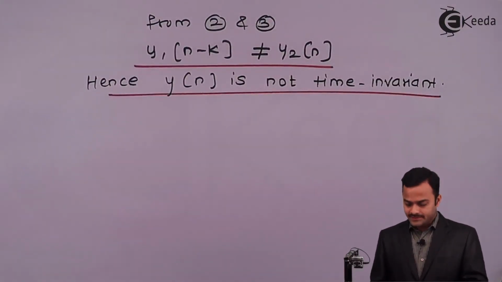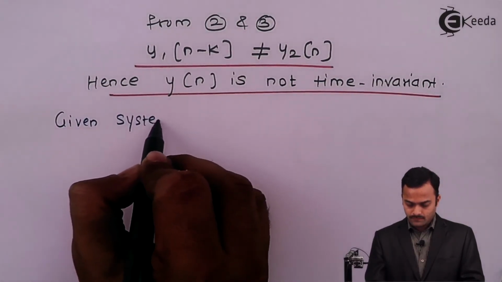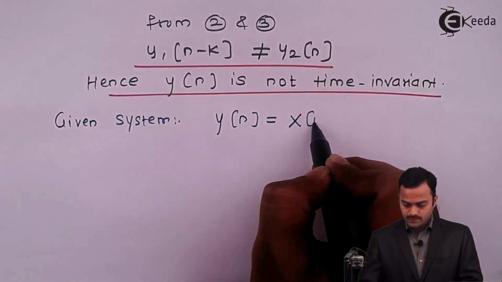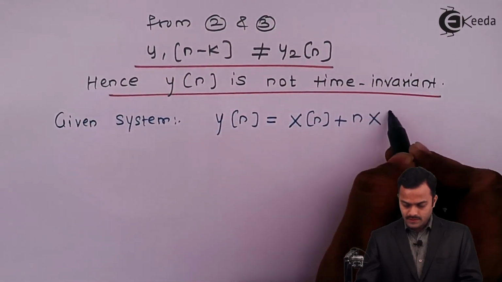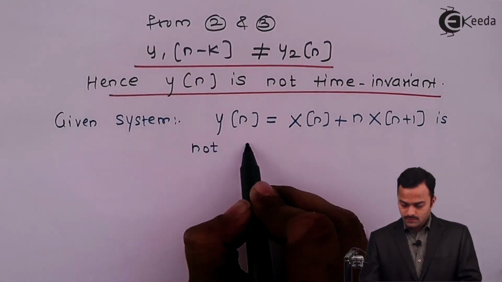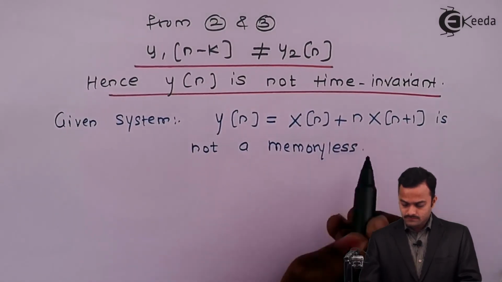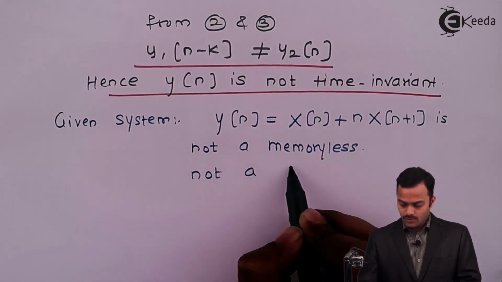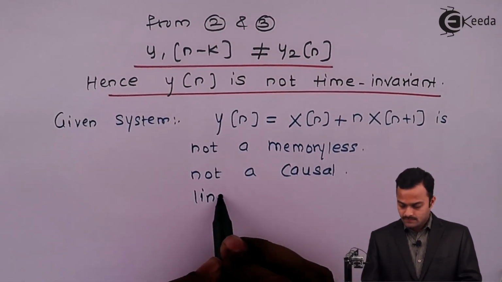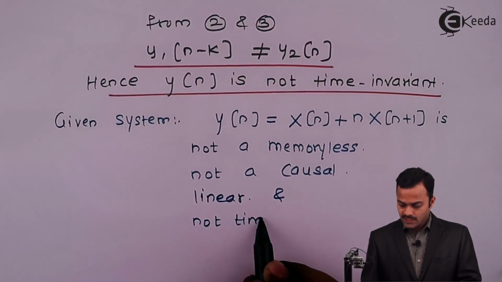So let's write a summary. So given system, which is y of n equal to x of n plus n times x of n plus 1 is not a memoryless, not a causal, but it is a linear and it is not time invariant.